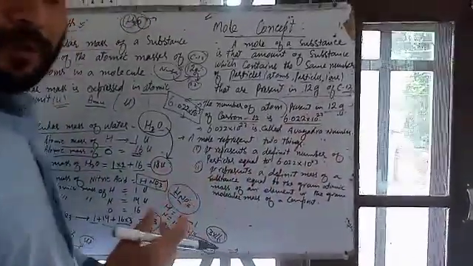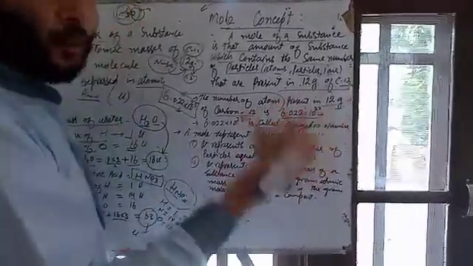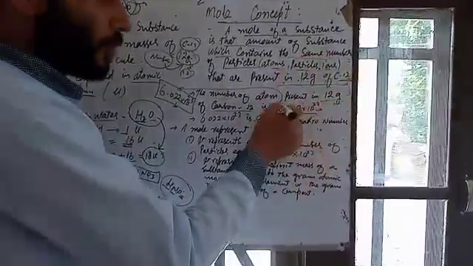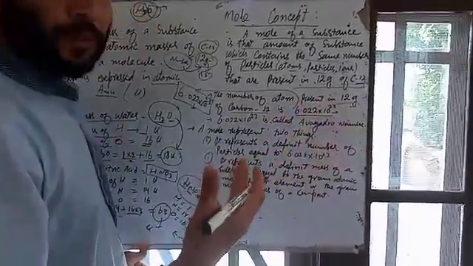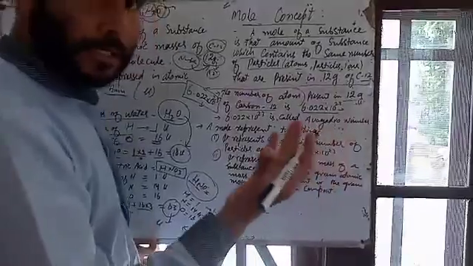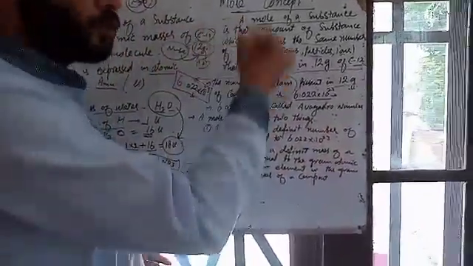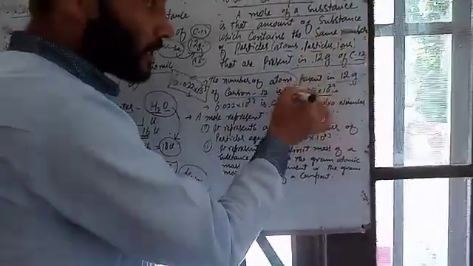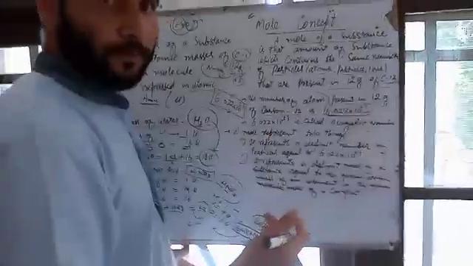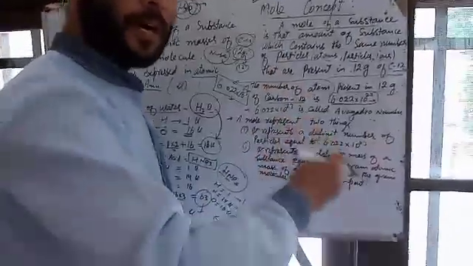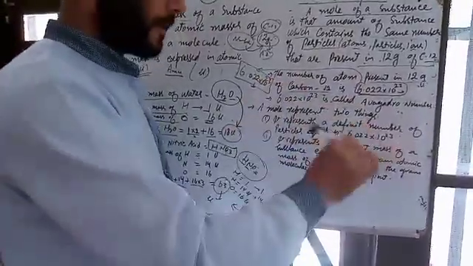That means you can calculate, for example, the number of humans 1, 2, 3. When you reach 6.022 into 10 raised power 23, you can say it is 1 mole of humans. You can count the number of stones 1, 2, 3, 4. When you reach this number, you can say that it is 1 mole of stones. That means it can be the number of anything: atoms, particles, ions, whatever.